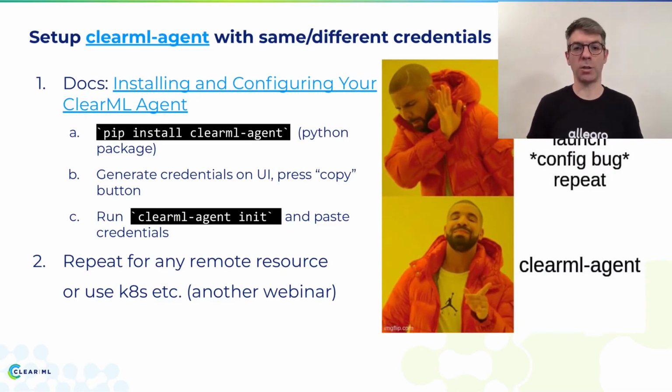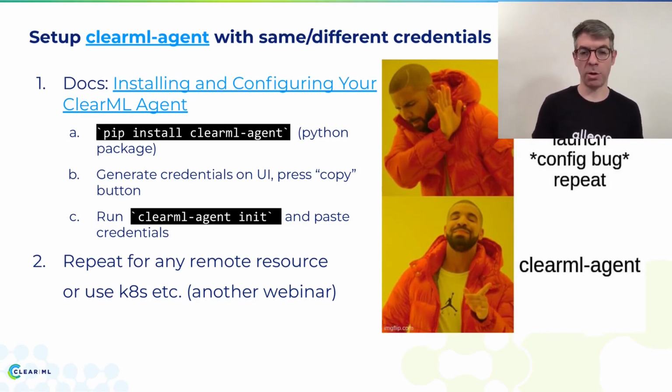We'll start very simple with the ClearML agent running on bare metal. It can always run in your Kubernetes cluster or your cloud instances; we will not get into that in this session, but it's all there if you go to the documentation and read more about it. So we'll start by just installing the ClearML agent on our machine.